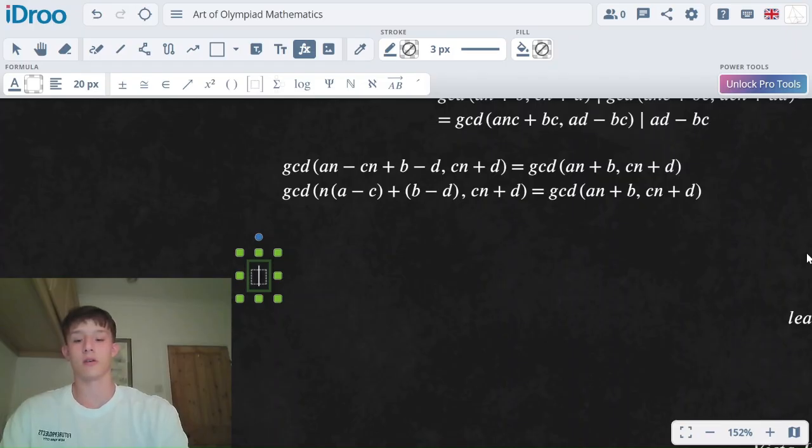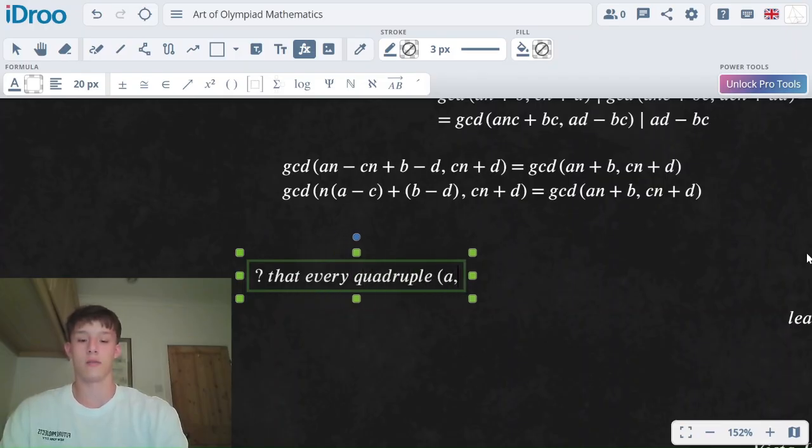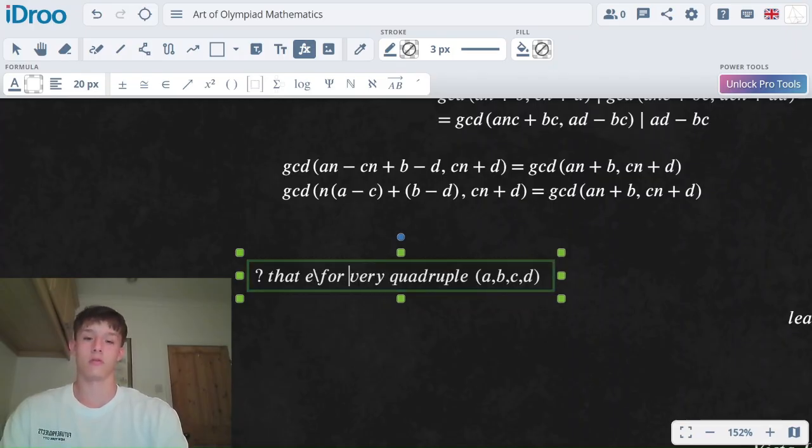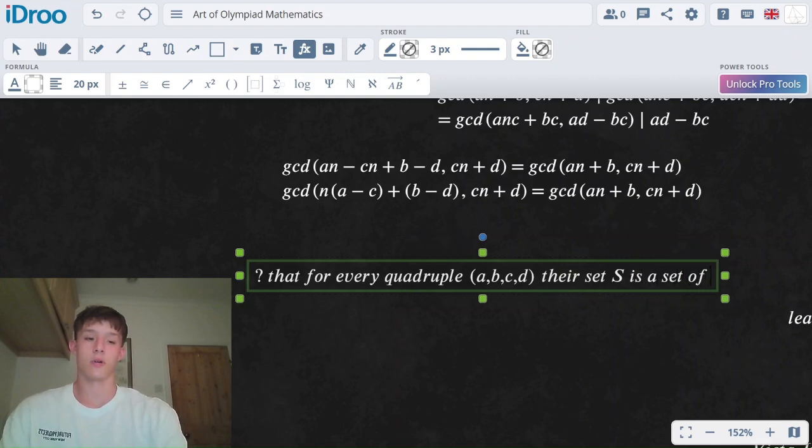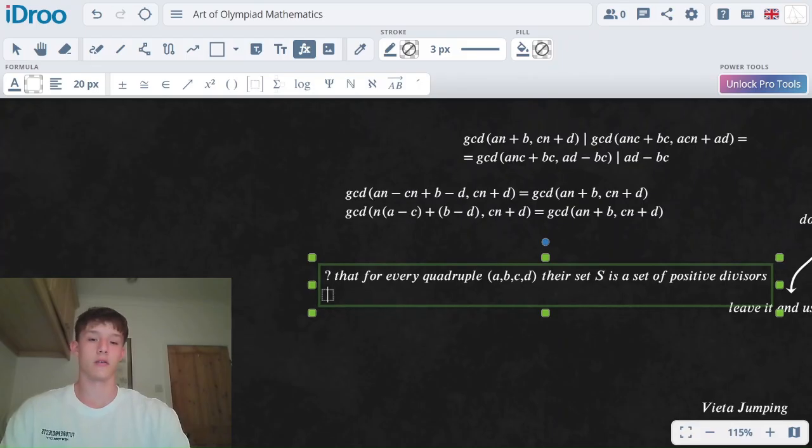We want to show that every quadruple A, B, C, D, their set S is a set of positive divisors of some number, right?